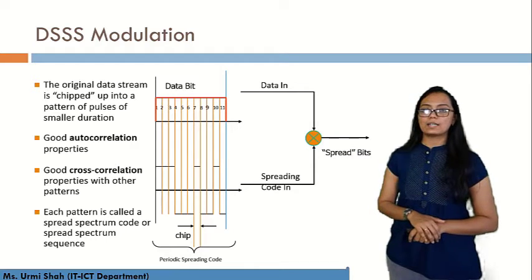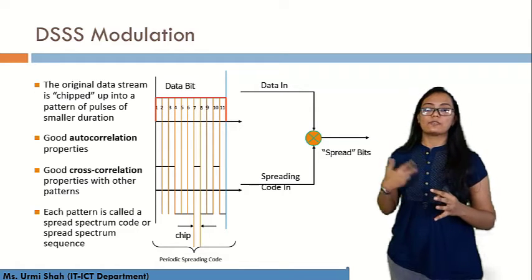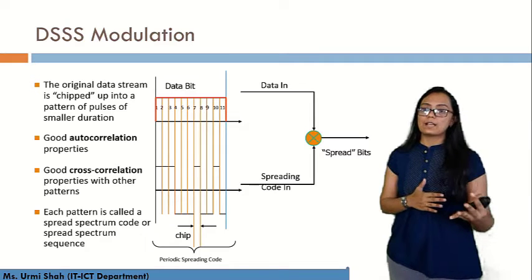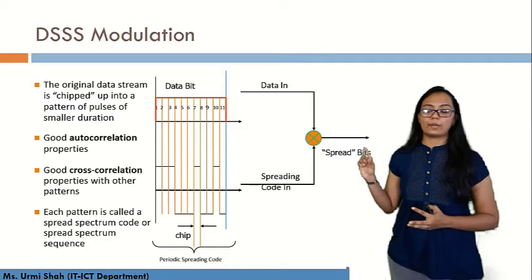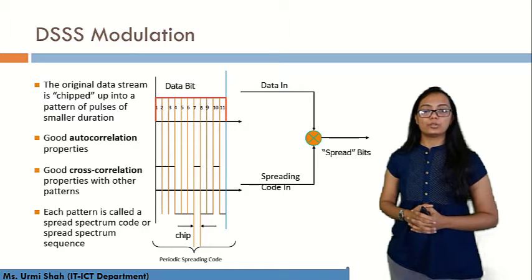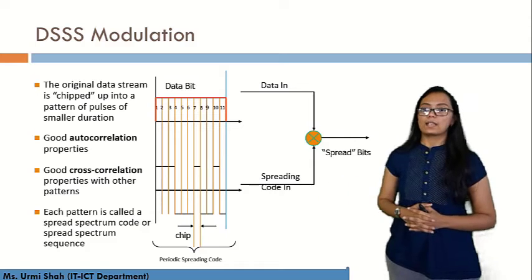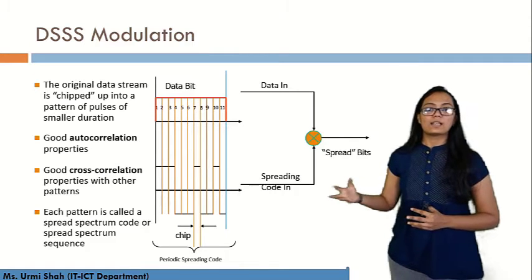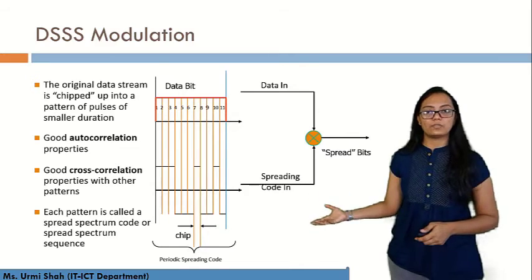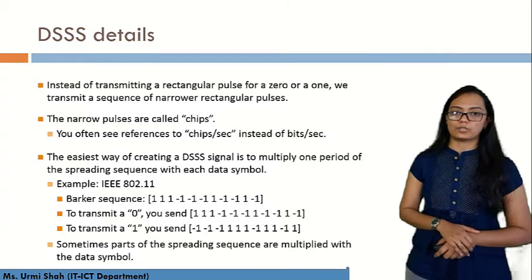The original data stream is chipped up into a pattern of pulses of smaller duration, and those pulses are processed using the spread bits. It has good correlation properties, good cross-correlation properties with other patterns. Each pattern is called a spread spectrum code or spread spectrum sequence. So this is all about DSSS modulation.